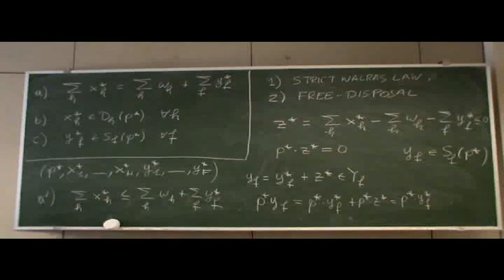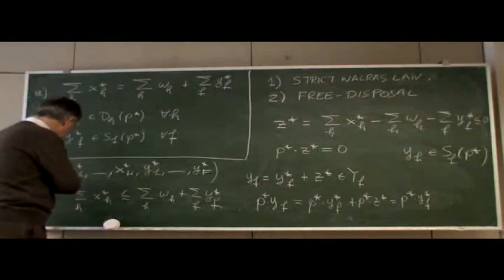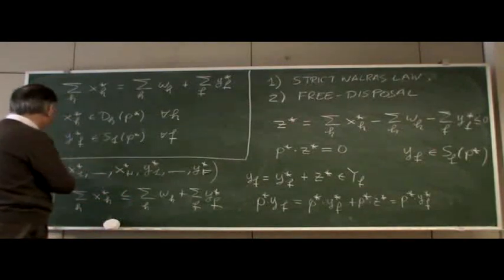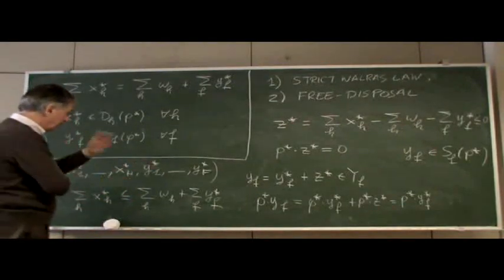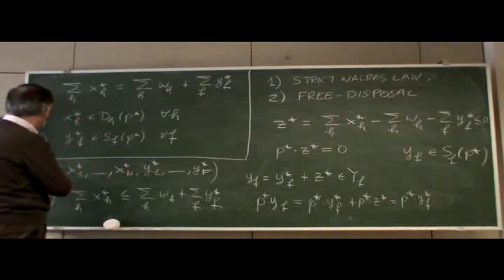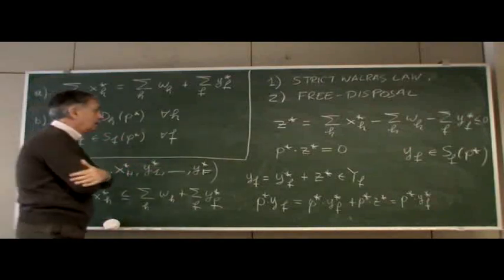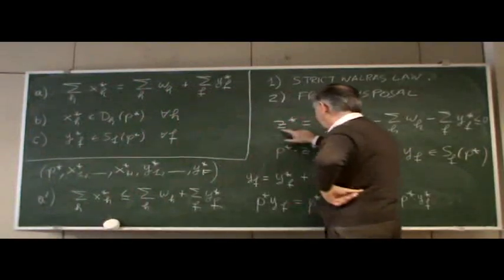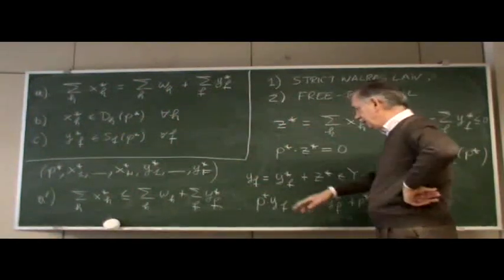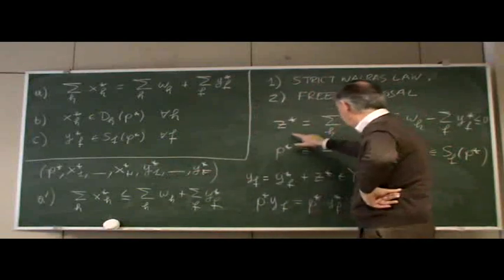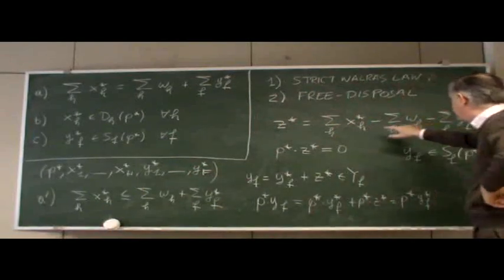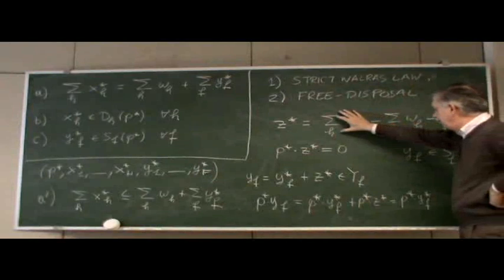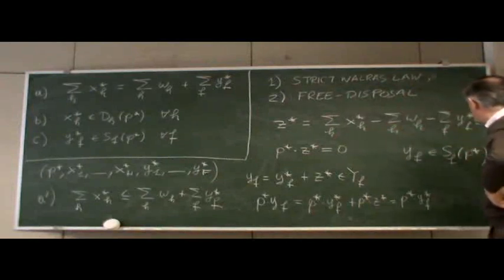In order to prove it, one implication of the theorem is trivial. Let us suppose that there is a large vector which verifies A prime, B, and C. We must prove the existence of another large vector which verifies A, B, and C. Let us consider the excess demand vector determined by this large vector, Z star, which is, as usual, the difference between this sum and this sum.